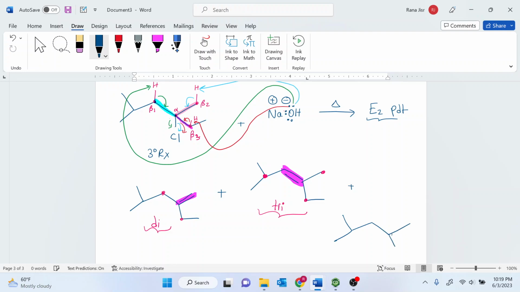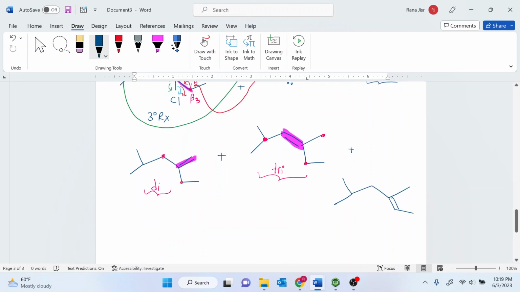Here you go, I do have my alkene product. This one again is going to be a tri-substituted alkene, and this is a tri-substituted alkene as well. Since they are the same degree of substitution, we're going to consider both of them as the Zaitsev products, which are the major ones.